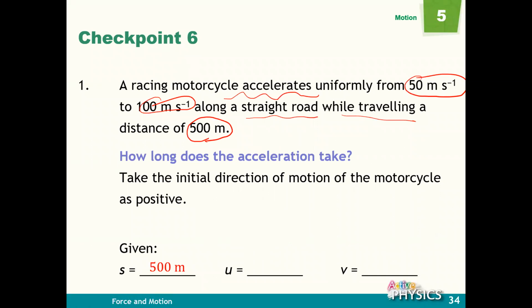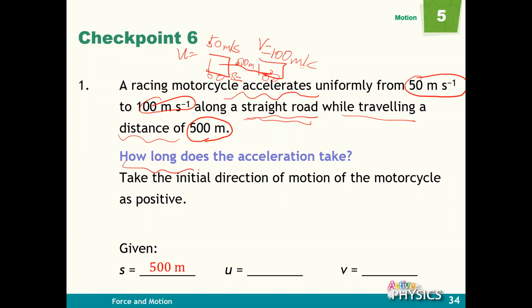It accelerates uniformly from 50 meters per second to 100 meters per second, so this is the initial velocity and this is the final velocity. In traveling a distance of 500 meters, the value of distance equals the value of displacement, since it's along a straight road. So this 500 meters is the displacement.